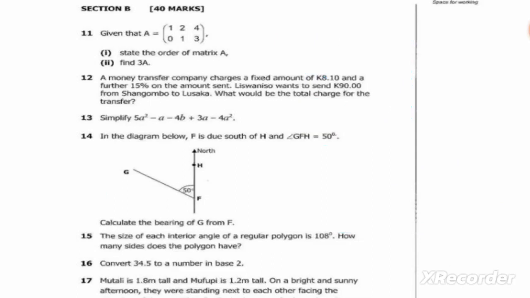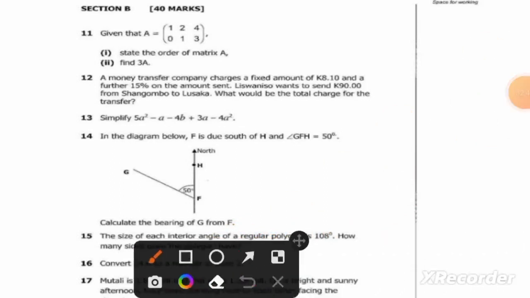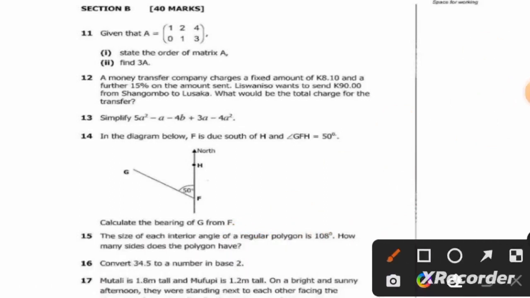We move on to the next question, which is question 16. Question 16, the question reads, convert 34.5 to a number in base 2. As we can see, this number is given in decimal places. So we are going to write base 2, then we are going to write the whole number, which is 34.